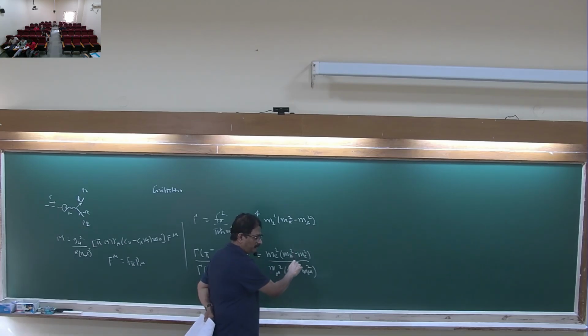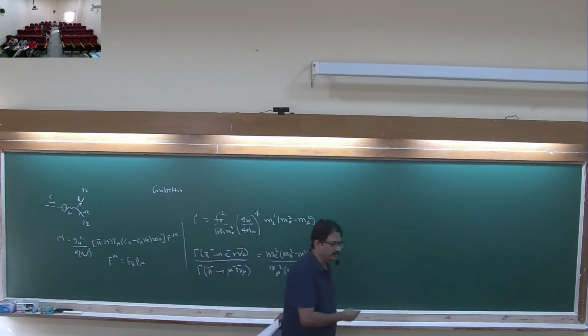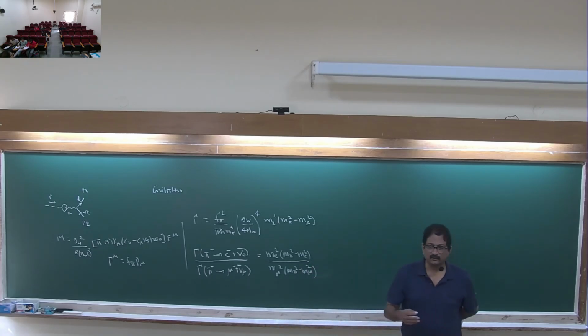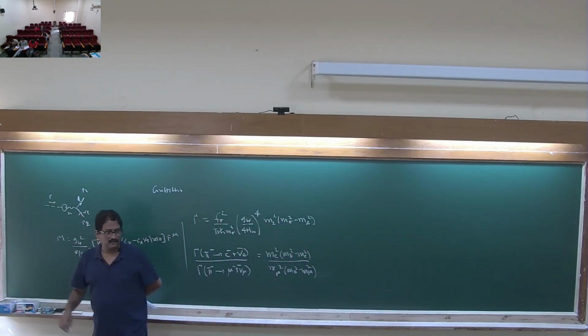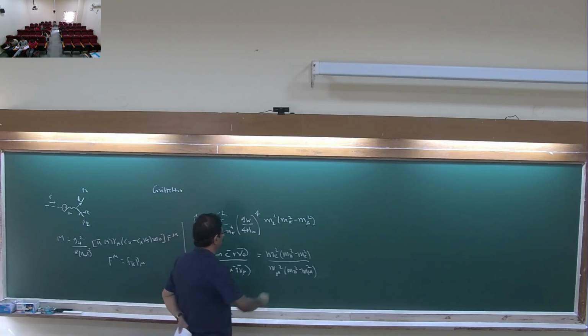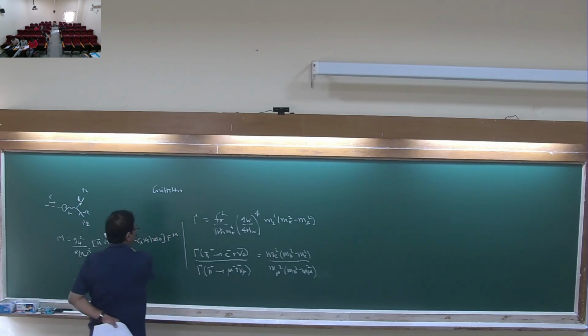But there's also another underlying hypothesis over here, which is that of lepton universality. We are saying that the coupling constants are the same irrespective of what the lepton is. The rest of the physics is sitting in the actual masses of the particles, but the coupling constants are all the same.